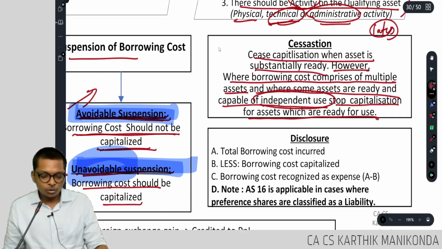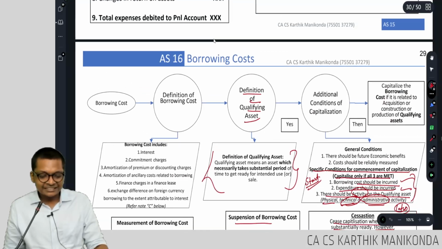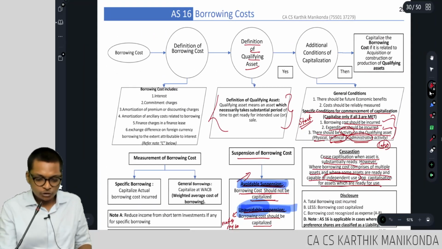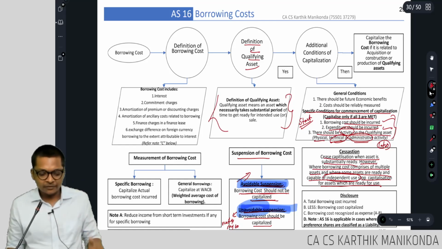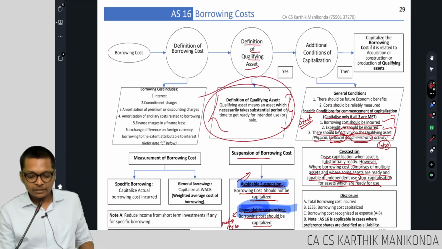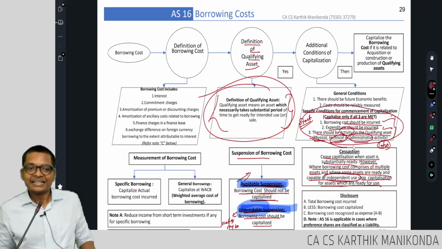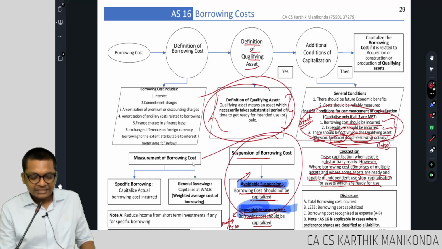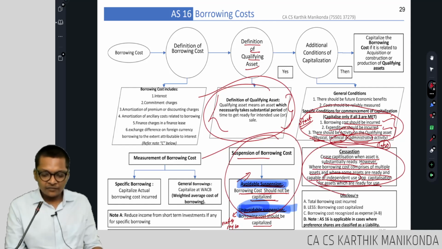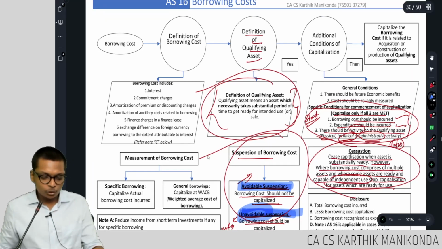Understanding? So AS 16 is just the one page of theory notes I gave you. What all we finished over here: we finished the definition of qualifying asset, the conditions for when you will start, suspension, and also cessation. What we have left, core theory, is only two things.